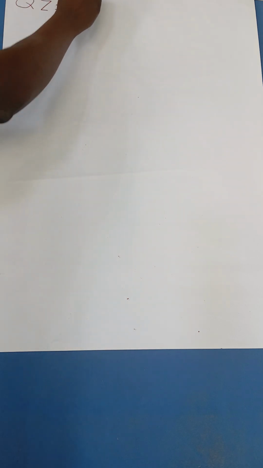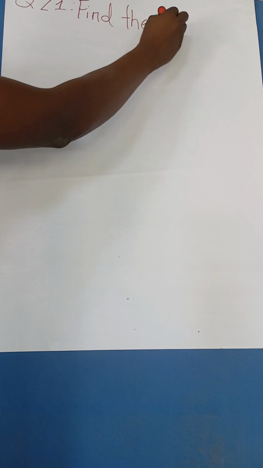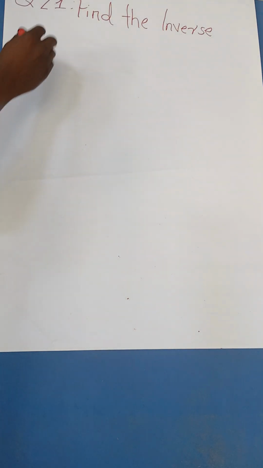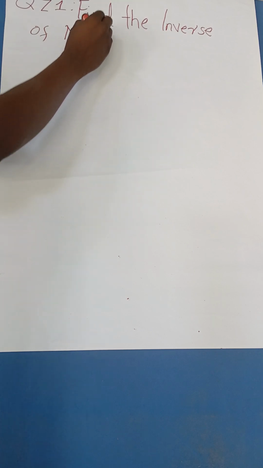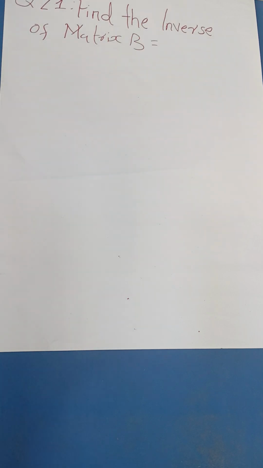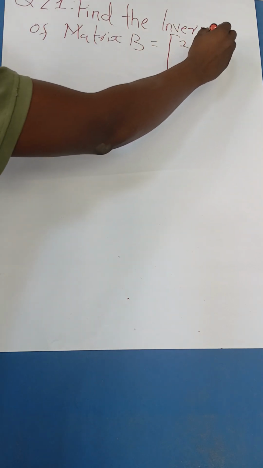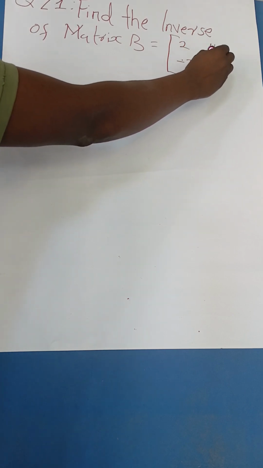We are being told, find the inverse of matrix B. That is our matrix B, we have here 2, we have 4, then you have a negative 7, then you have 3.